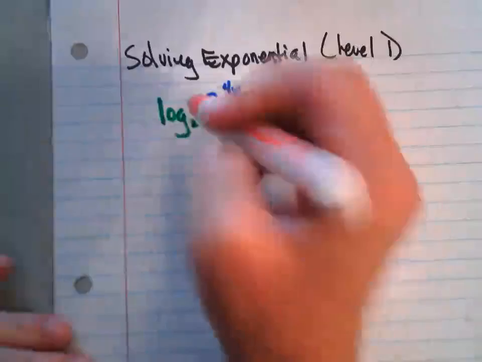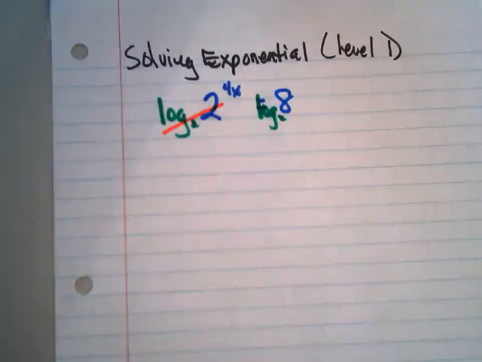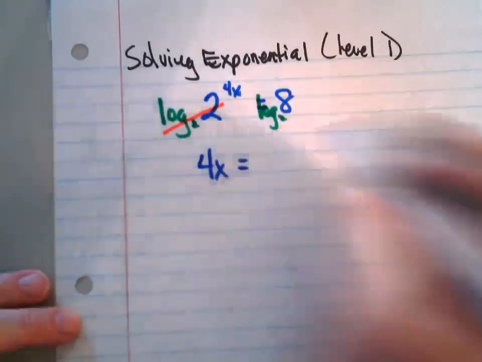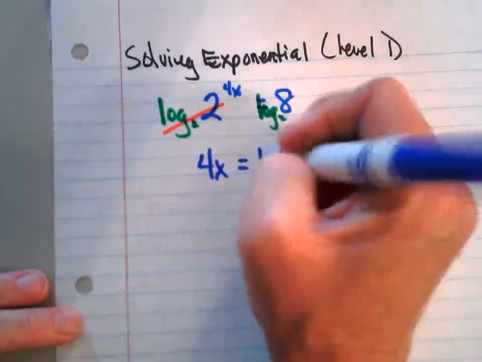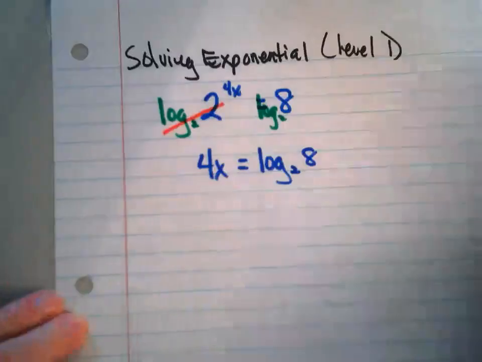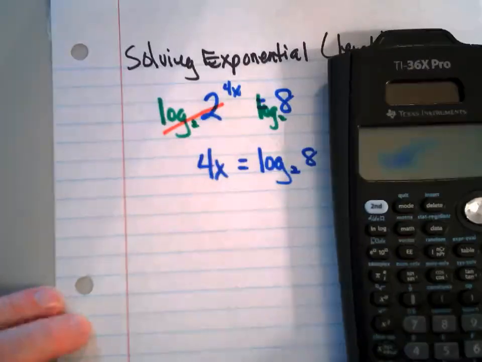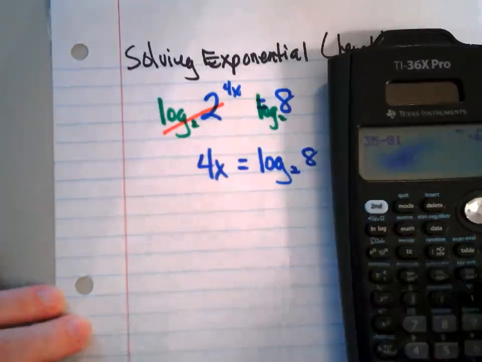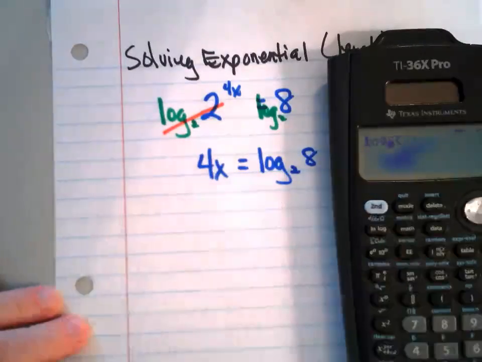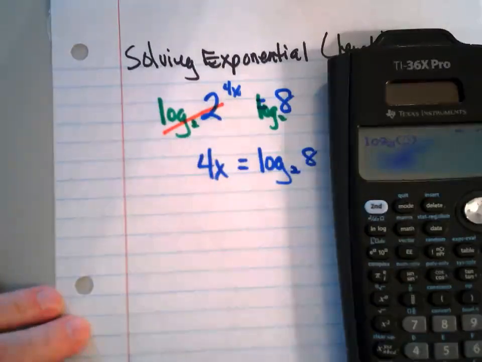So you get cancellation here. That leaves us with 4x. And then you have log base 2 of 8. You're going to end up having to calculate this at some point. So those of you that have the log base in your calculator, you can throw a 2 here and an 8 here, get the decimal.